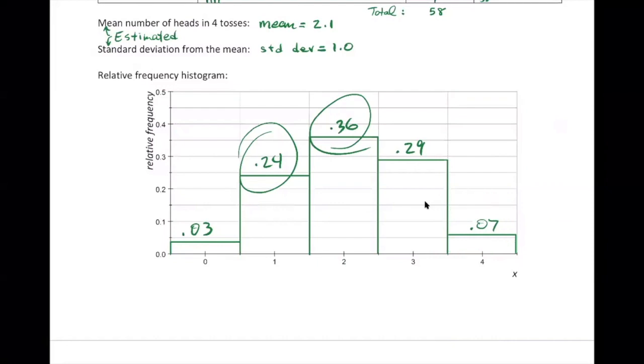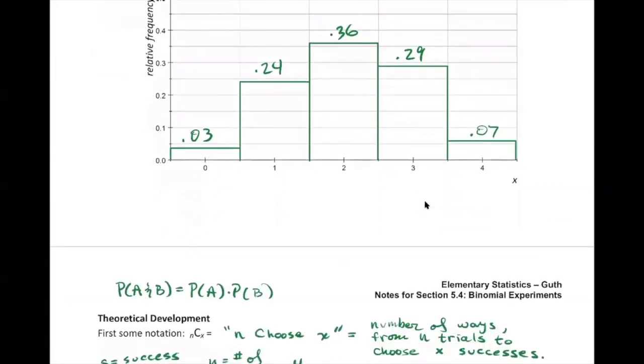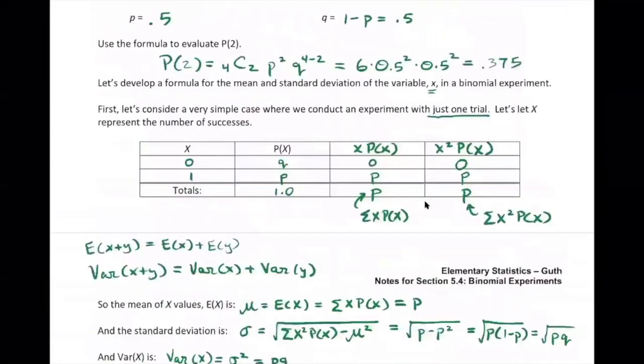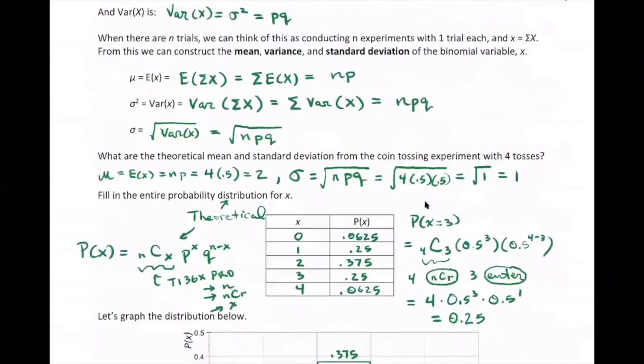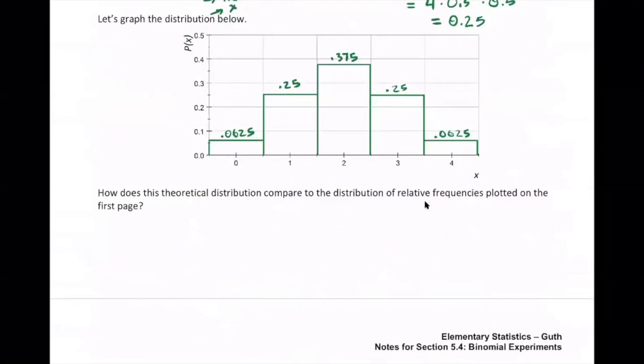So these probabilities are quite close, not perfect, to what's predicted by the theory. But remember, the theory doesn't predict short range outcomes. The theory predicts long run outcomes. So it's asking, how does the theoretical distribution compare to a distribution of relative frequencies that we did with our real data? And I would just say they are very close.